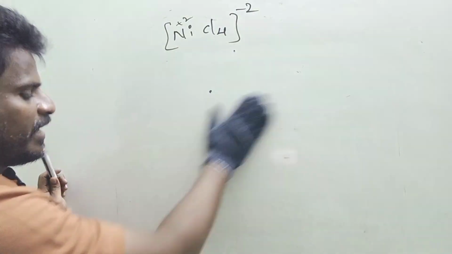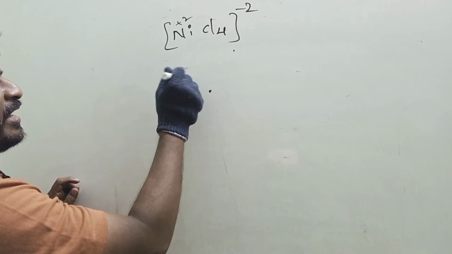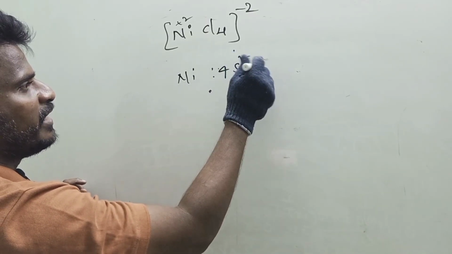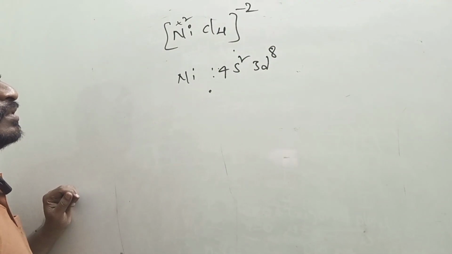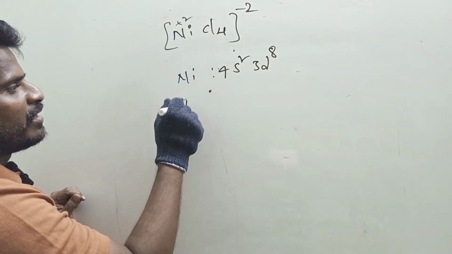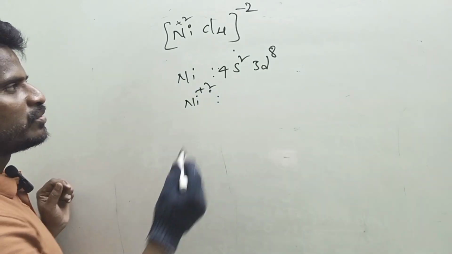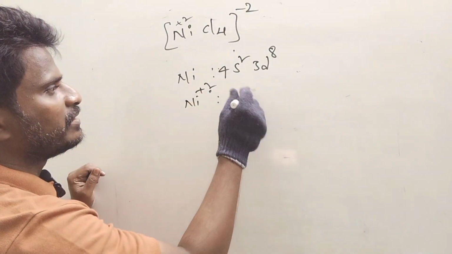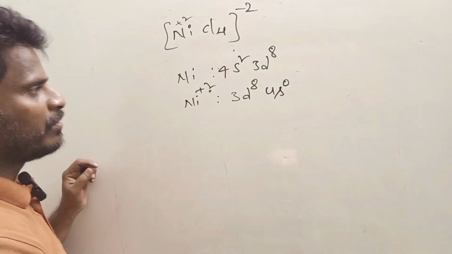And next, hybridization of this molecule. Nickel is 4s2 3d8 electronic configuration. And in this molecule nickel is in +2 oxidation state. It indicates 2 electrons lost from the valency s orbital. Then it has 3d8 and 4s0 electronic configuration.